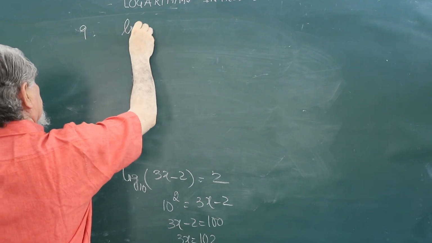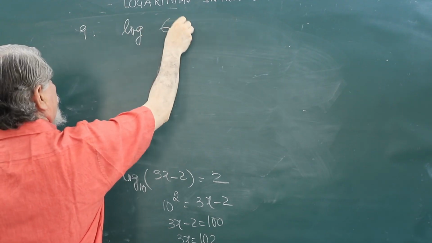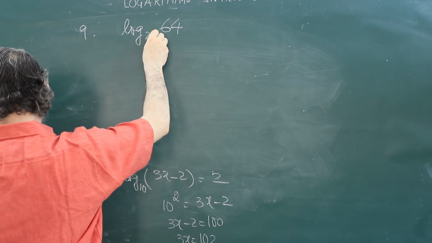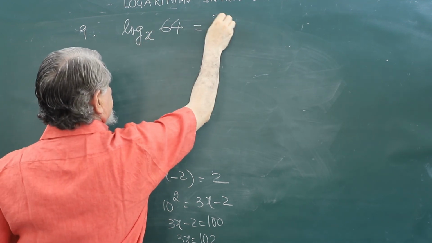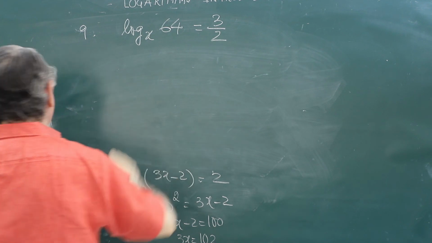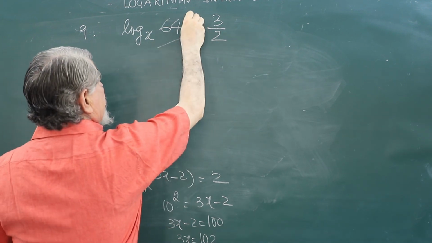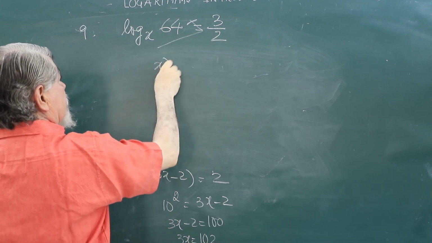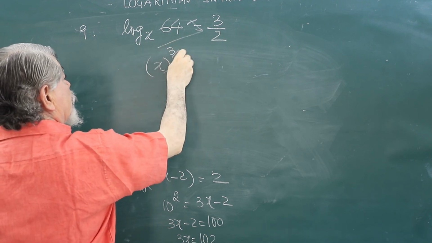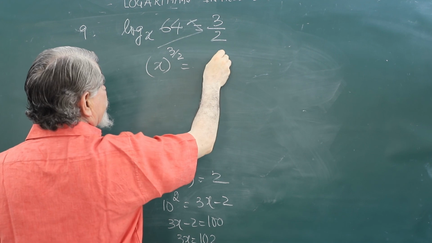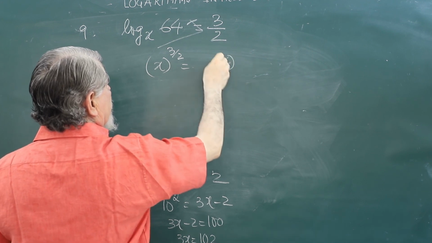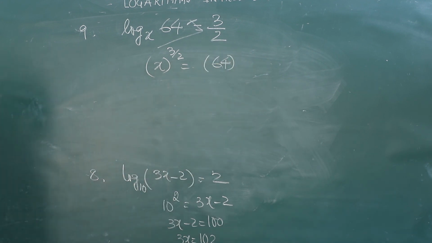Log 64 to the base x is equal to 3 upon 2. Again, x to the power 3 upon 2 will be equal to 64. Now, how are we going to do 64 to the power 3 upon 2?